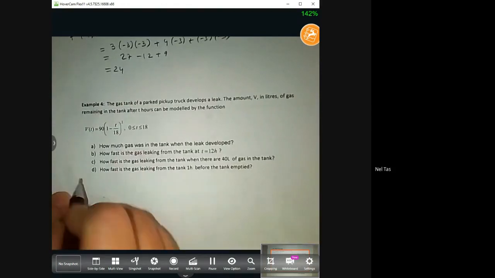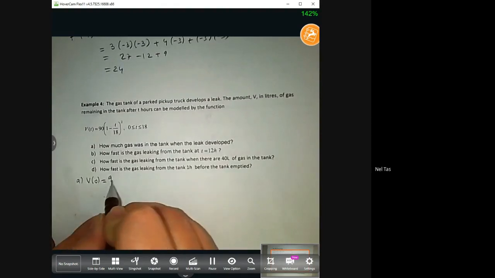Part A. How much gas was in the tank when the leak developed? So when the leak developed, time is 0, right? That's where the function starts, at time 0. So we can just substitute 0 into the V function to see how many liters of gas were in the tank.